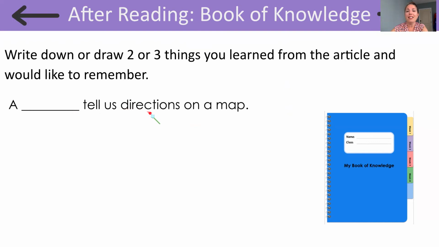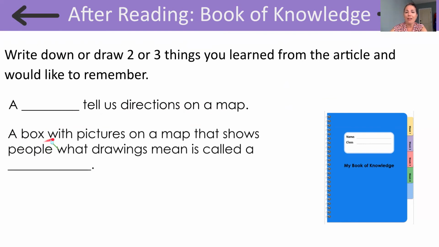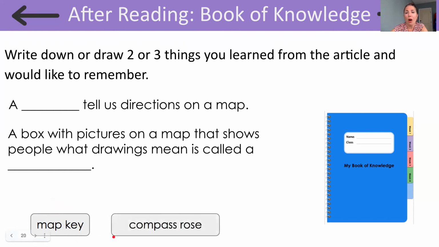Tell us directions on a map. A box with pictures on a map that shows people what drawings mean is called a. So we have other words that we could use to complete each sentence, such as map key or compass rose.